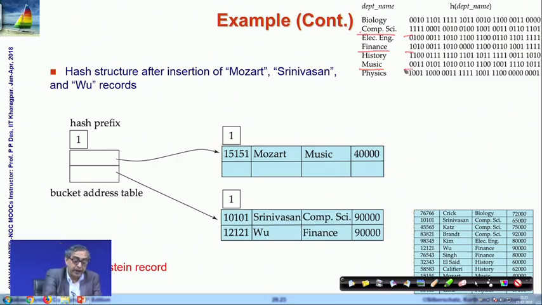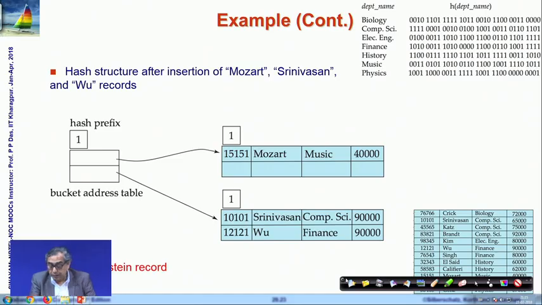So, if I use a hash prefix which has just 1 bit, and naturally therefore, I have 2 entries 0 and 1, then music with the value 0 maps to this bucket where I entered the record for music, and computer science and finance, the records corresponding to them has a hash value prefix 1. So, they both map to this record. This is how it can get started. So, you find out while inserting where it is Mozart, and based on that you create this.